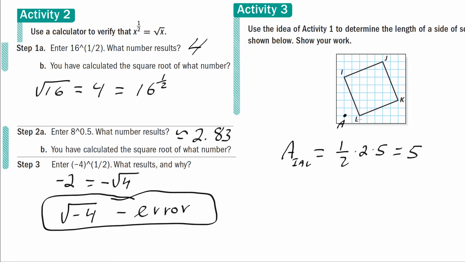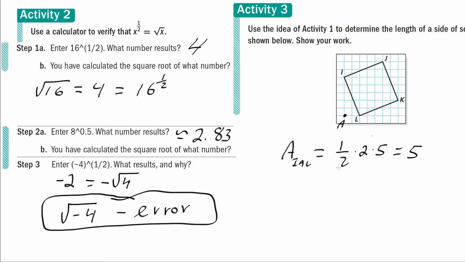I can take this information to calculate the area of this larger figure, and I need to just simply know what this is: 1, 2, 3, 4, 5, 6, 7.